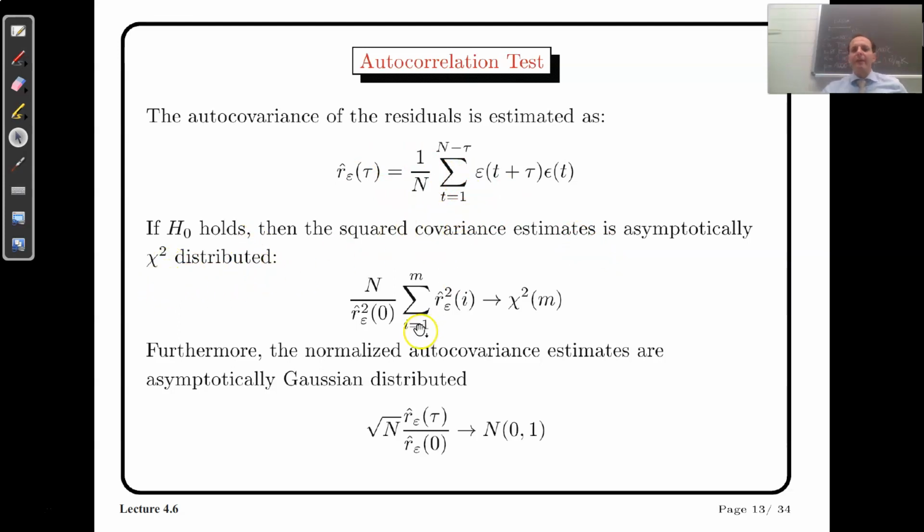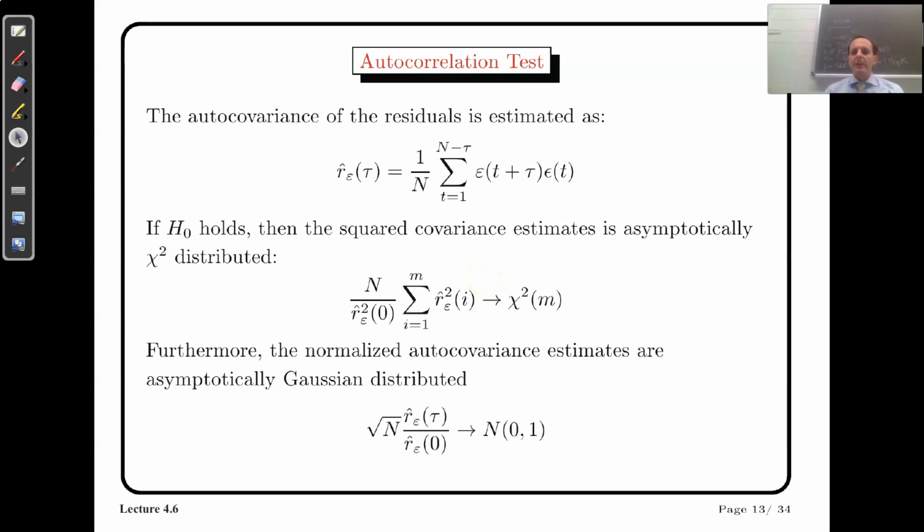You evaluate the number of data divided by the autocovariance at tau equal to 0, summed with the squares of these values for a number of degrees of freedom m.